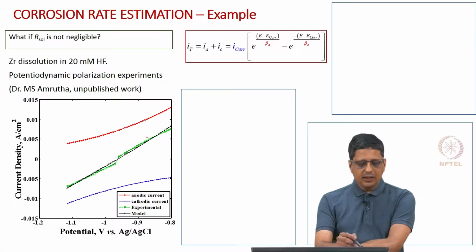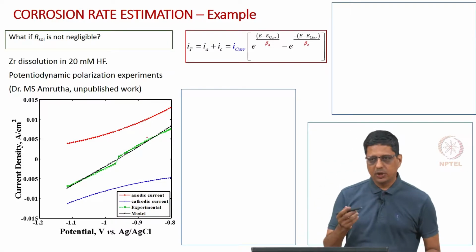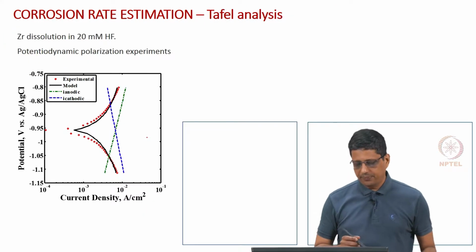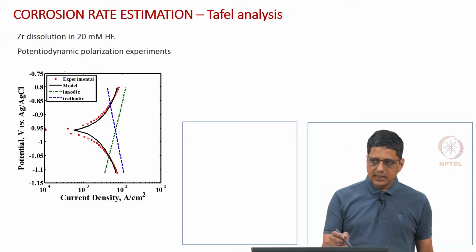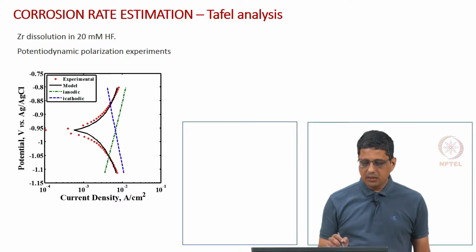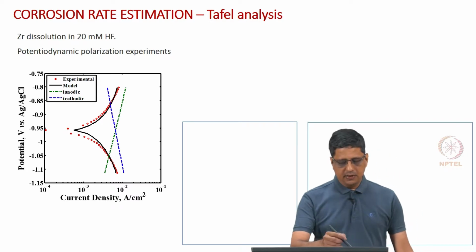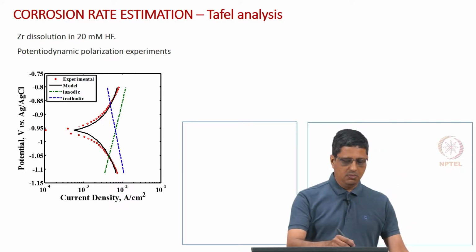It does not fit very well. This is current versus potential. This can also be shown as potential versus log of current, and this is just the same data and the model data, potential versus current density, and you can see that the fit is not that good. The black line is the model.